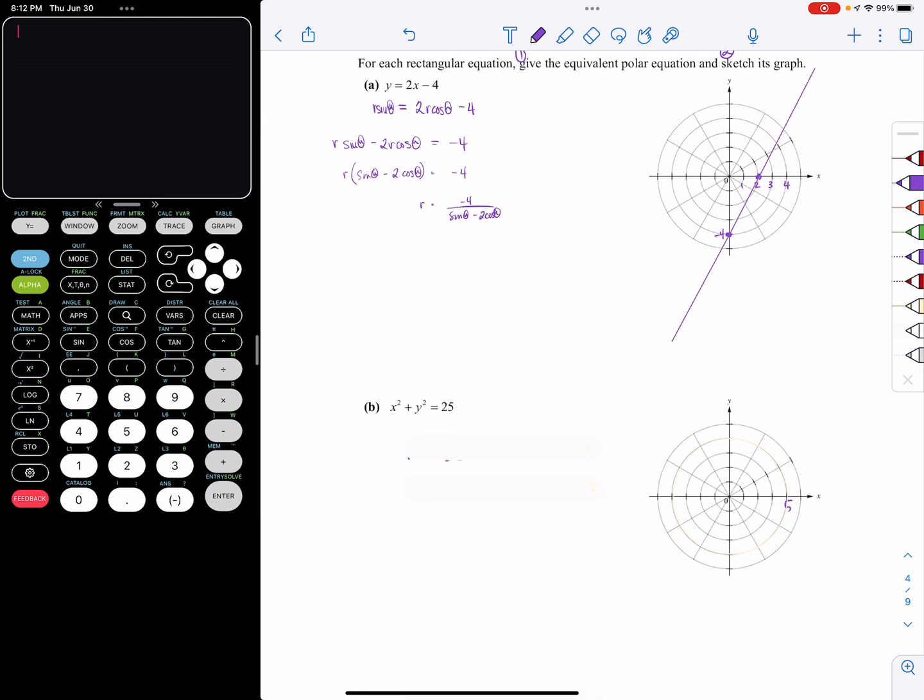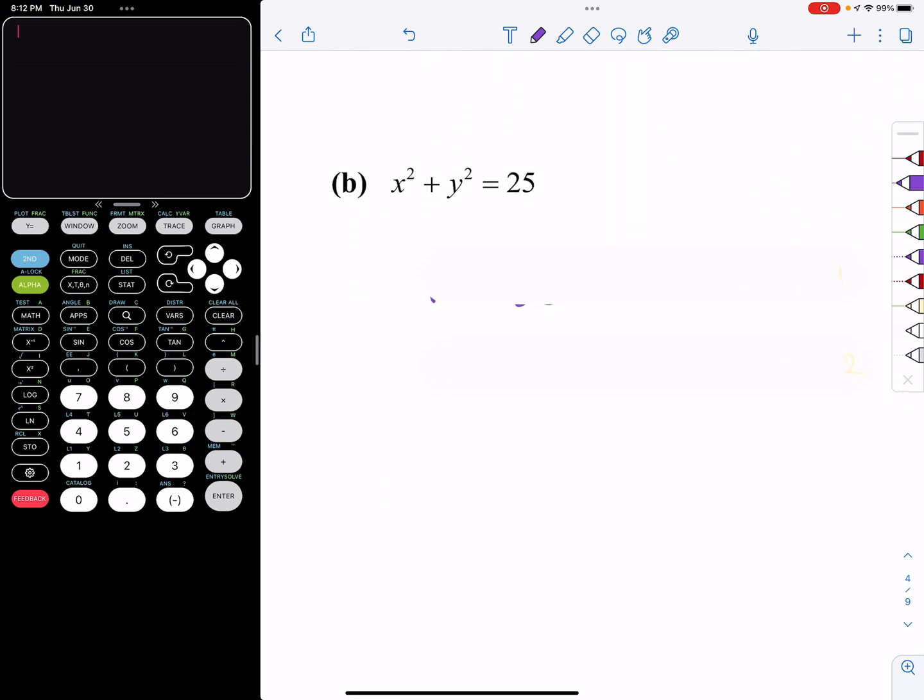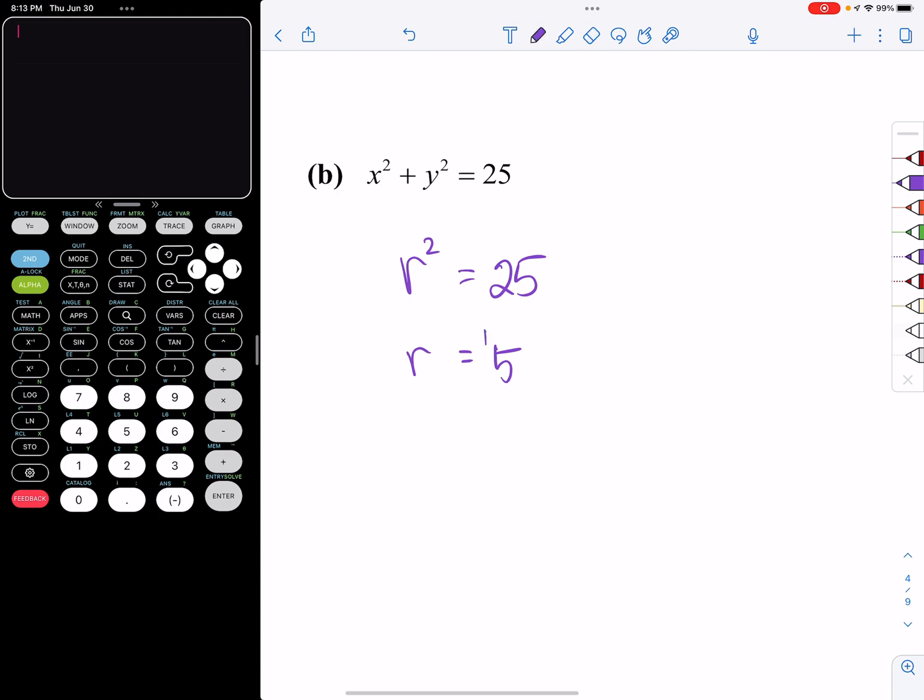All right, for the second question, again, the first instruction is to change into a polar equation. Well, x squared plus y squared is the same thing as r squared. So let's replace x squared plus y squared with an r squared. And all of a sudden then, when I take the square root of both sides, my r technically is either a plus or a -5.